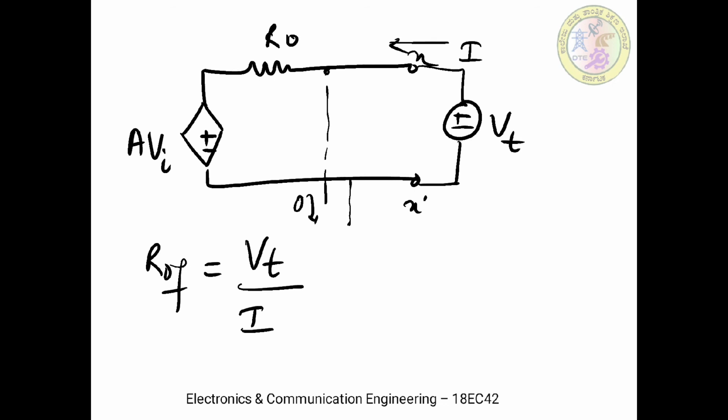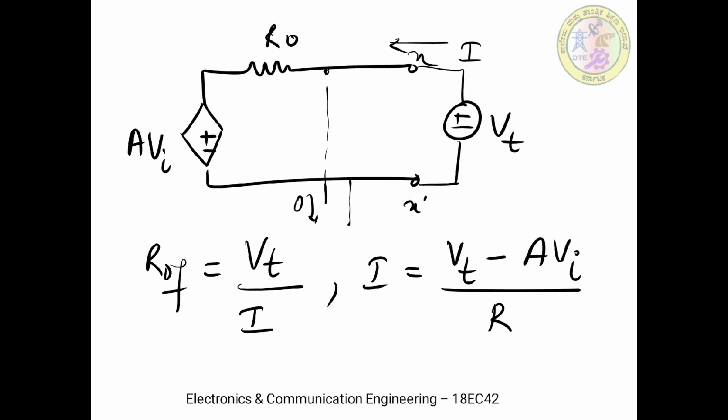Now from this equivalent circuit, what is I? So I will be equal to Vt minus the potential difference, that is A into Vi, divided by R0. So to find ROF, what we have done: Vs is reduced to 0. It is an output impedance calculation. Vs is reduced to 0 and a test voltage Vt is applied at the output. That is represented by an equivalent circuit as shown here in this figure.